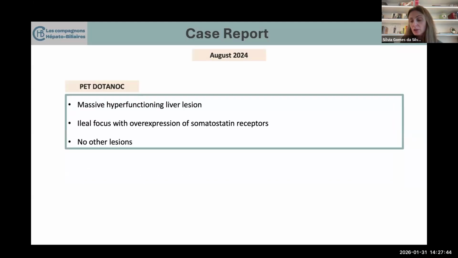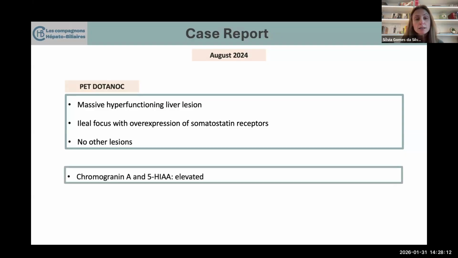They continued the evaluation with a DOTATOC CT scan, and it shows us a massive hyperfunctional liver lesion and an ileal focus with the overexpression of the somatostatin receptors, maybe the primary in the ileum intestine, with no other lesions, no pulmonary lesions, and no adenopathies suspected.